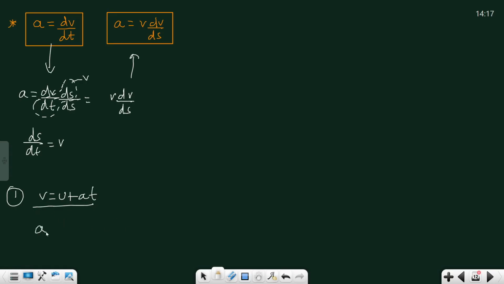Just note down. a is equal to dv by dt. We are taking a as constant. So if a is constant, that will not go inside the integration. The constant will remain in the multiplication.